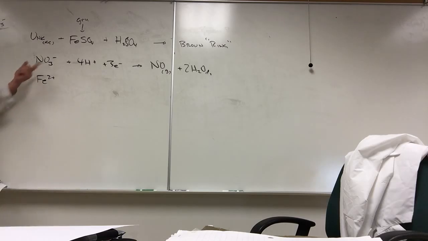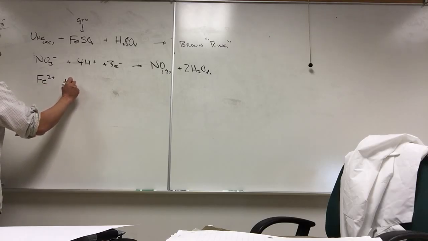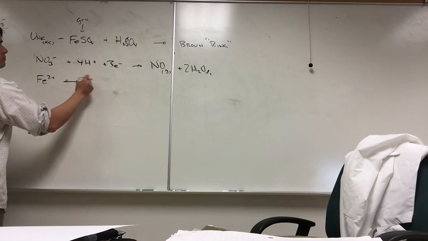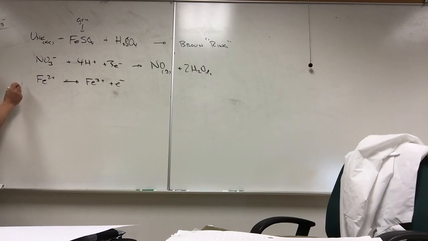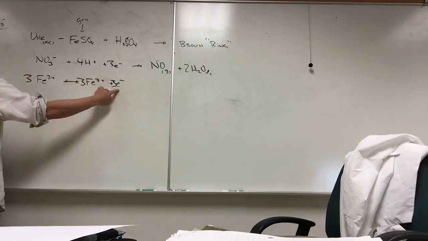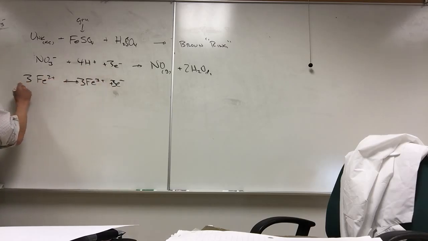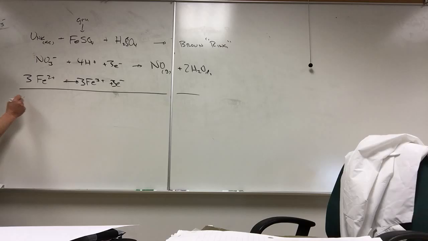Well, if we got nitric acid, for sure that's going to oxidize the iron 2 rapidly to iron 3. And so the half reaction for this goes to iron 3 plus an electron. And so we need 3 iron 2s to generate 3 electrons, and we have 3 electrons being consumed by the nitric acid.